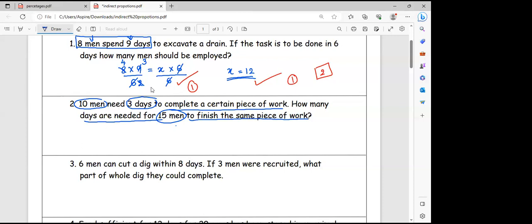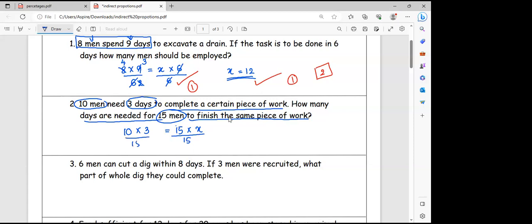Then same thing as we did in the previous question. 10 is multiplied by 3. This is equals to 15 times x. Now in here x is the number of days. Okay. Then to obtain the answer you can divide both sides by 15.